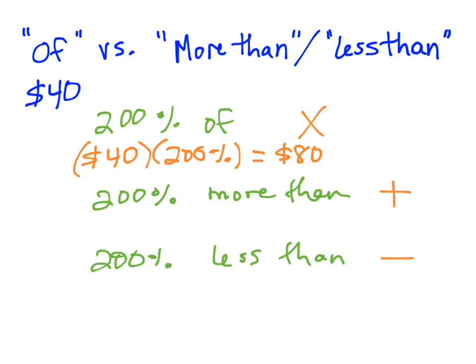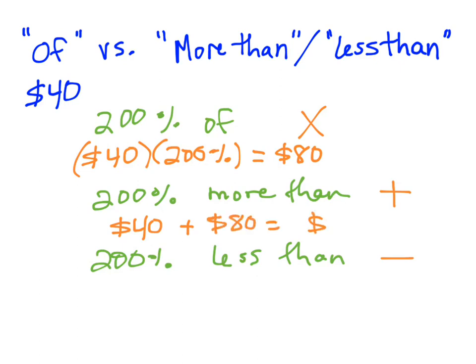If you say that your new bill is 200% more than your old bill, well, we know that 200% of 40 is $80, but then "more than" would mean we have that in addition to the $40. So your new bill would be $40 plus an additional 200%, or an additional $80.